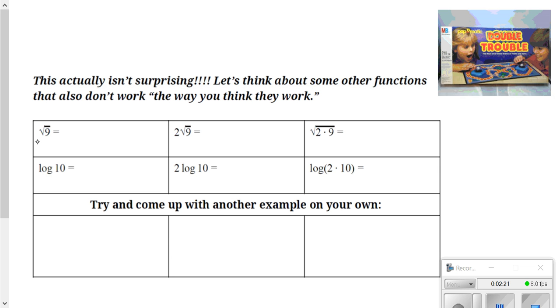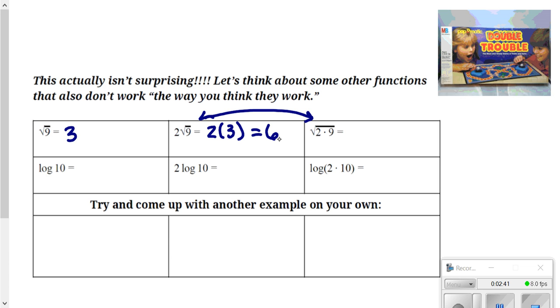So what I mean here is let's remember what square root of 9 is first of all, that's 3. And then the comparison we're making is over here. So is it the same to say 2 times root 9 as it is to say 2 times 9 and then square root? Well, let's work them both out. So 2 times square root of 9 would be 2 times 3, which is 6.